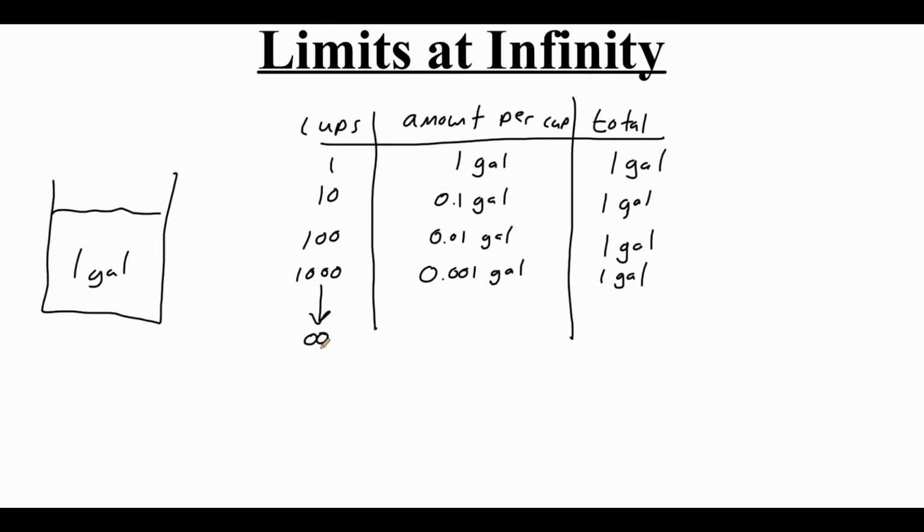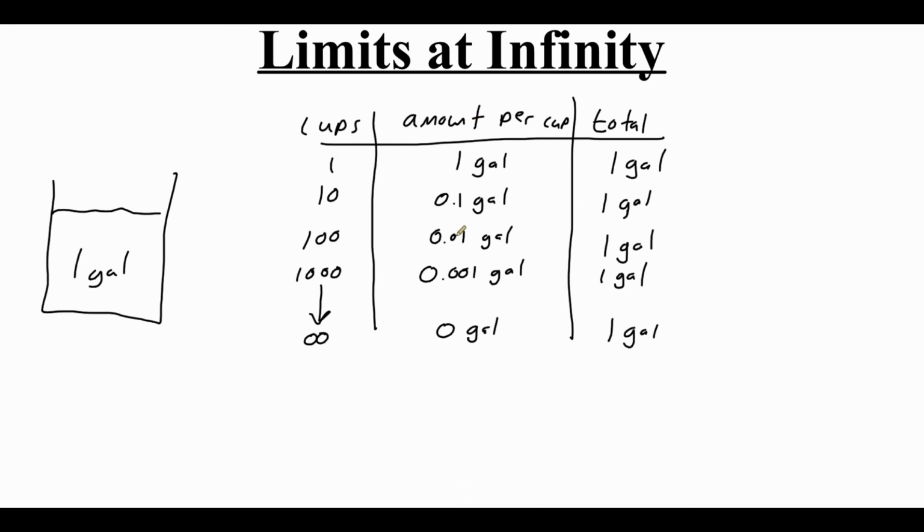So as we start dealing with an infinite amount of cups, taking our 1 gallon and splitting it equally amongst an infinite amount of cups, we're going to essentially end up with 0 gallons of milk per cup. The amount of milk in each cup is going to be so small that you can't even tell that there's any milk in there. But we're still going to have a total of 1 gallon if we add up the total amount in each cup. Now there's actually 2 different limits that we can write out here.